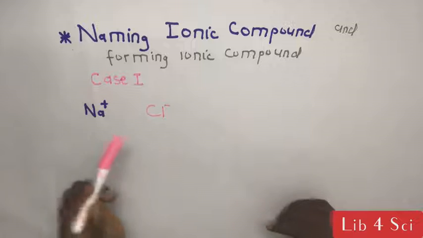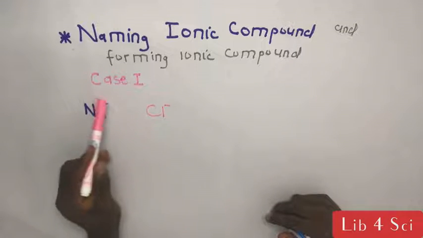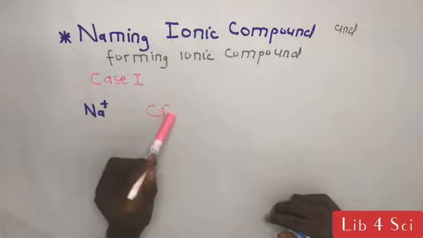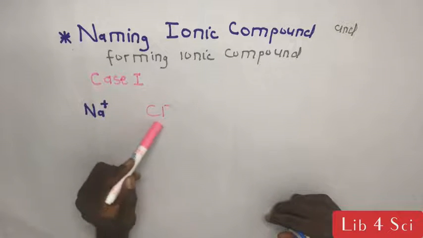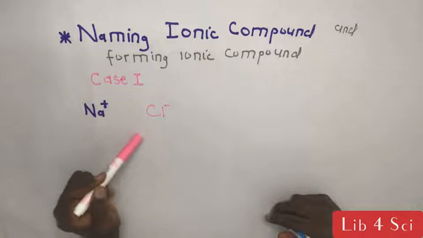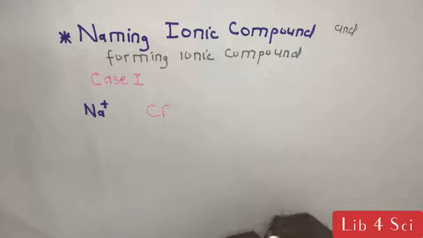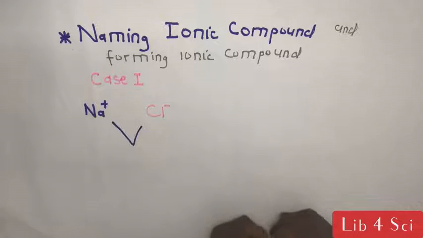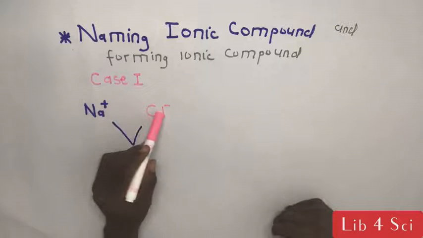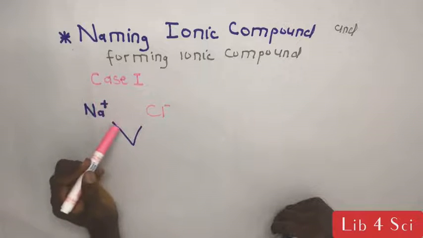In this case, the first thing we want to learn is how a cation and an anion attract to form an ionic compound. After forming an ionic compound, we provide the name of that compound. Whenever you are forming an ionic compound, there's something we call crisscross of charges.